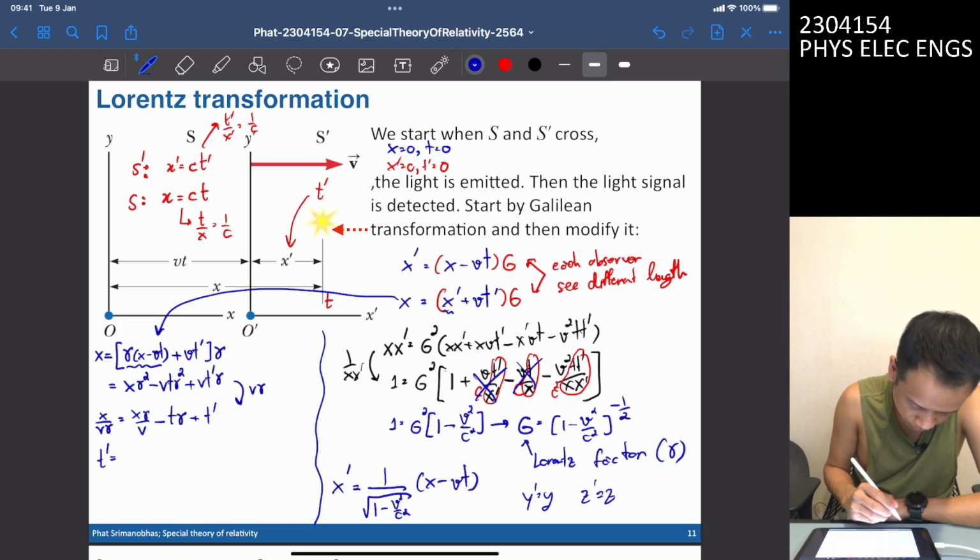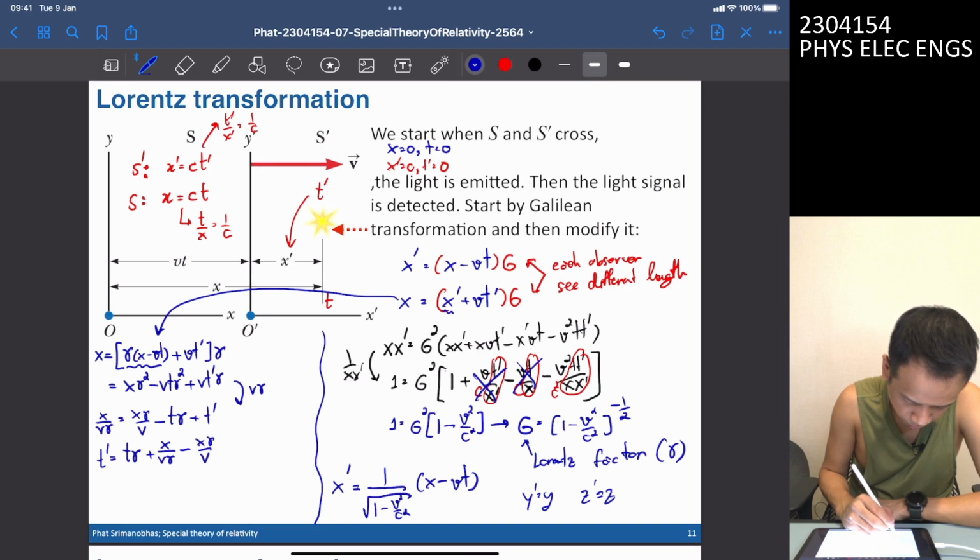Now you get t prime equal to, moving everything to the other side, t gamma plus x over v gamma minus x gamma over v.